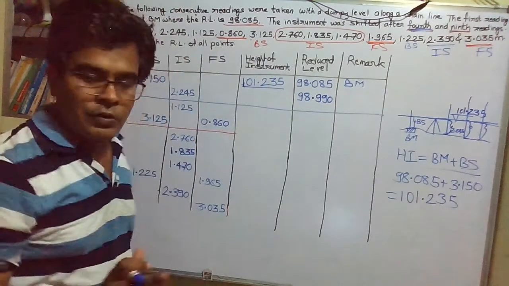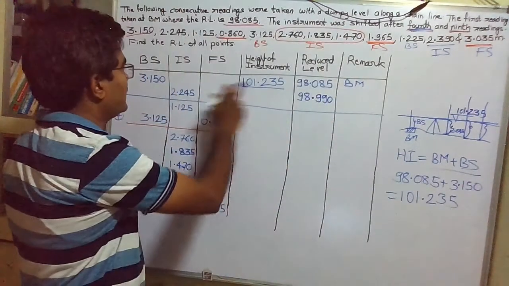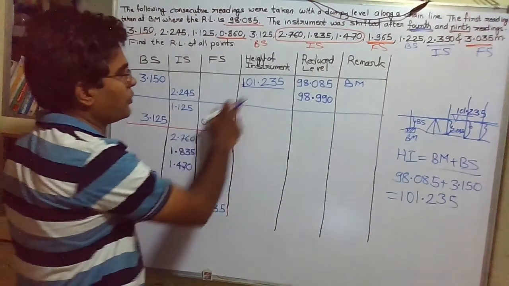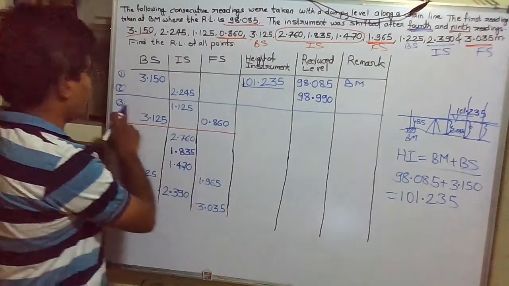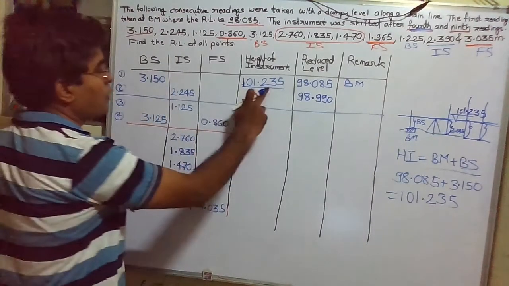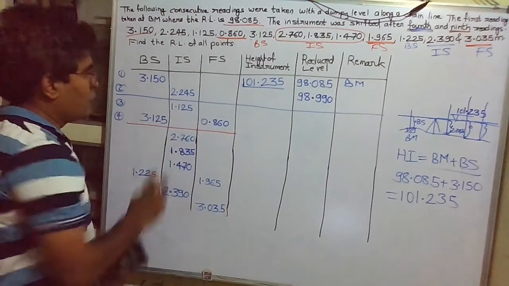So to find out the RL of different points, we just need to subtract the staff readings from the height of instrument. So next, how do we find the RL of point 3? That is 101.235 minus 1.125.